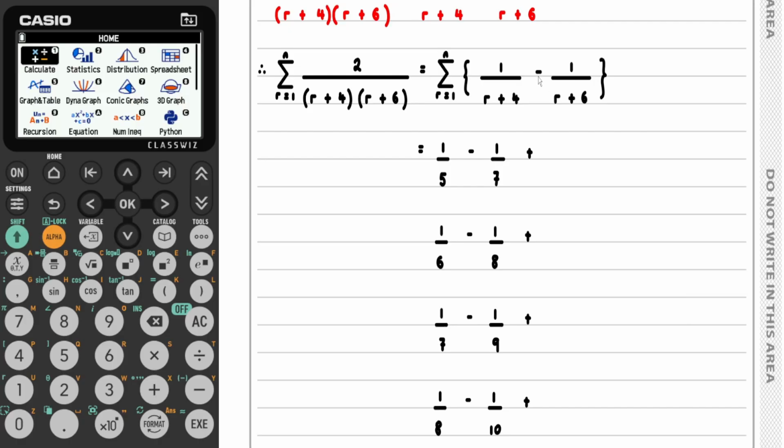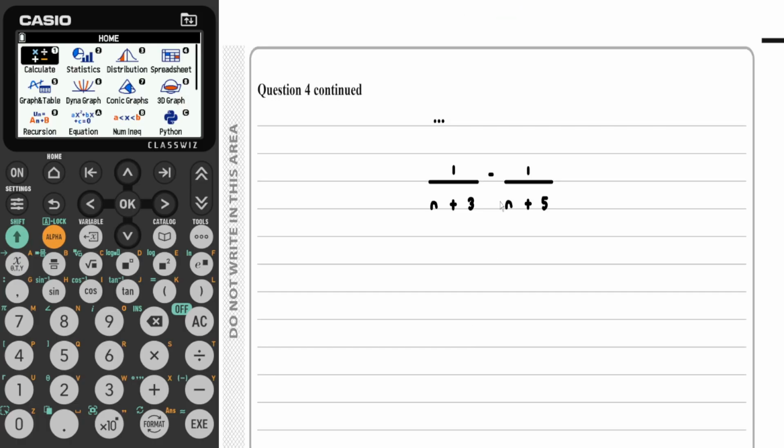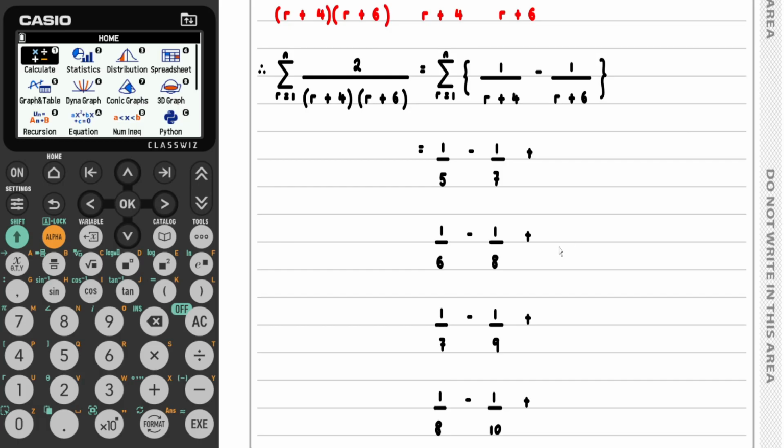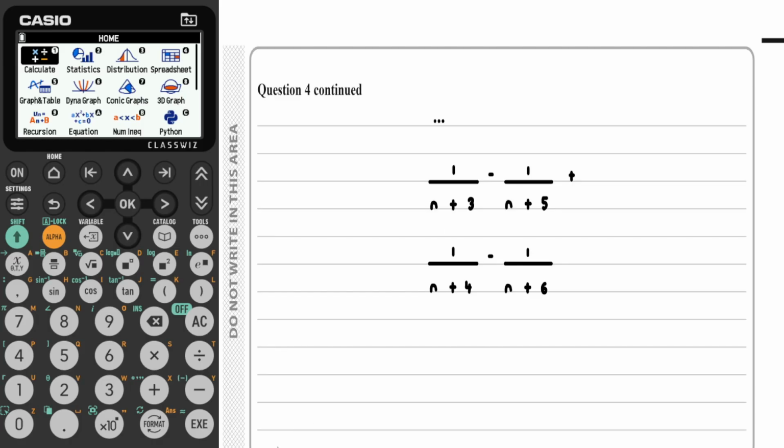And then I've got -1 over n-1+6, which will be -1 over n+5. And then the nth term is when we replace the r with n. So I've got 1 over n+4 subtract 1 over n+6. And that's what we see here.